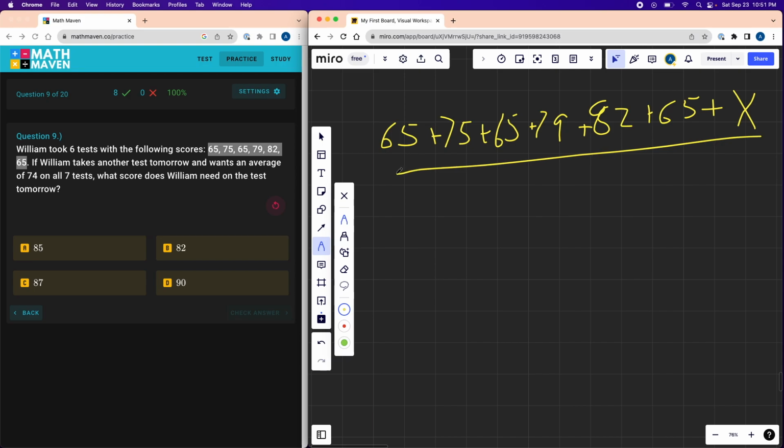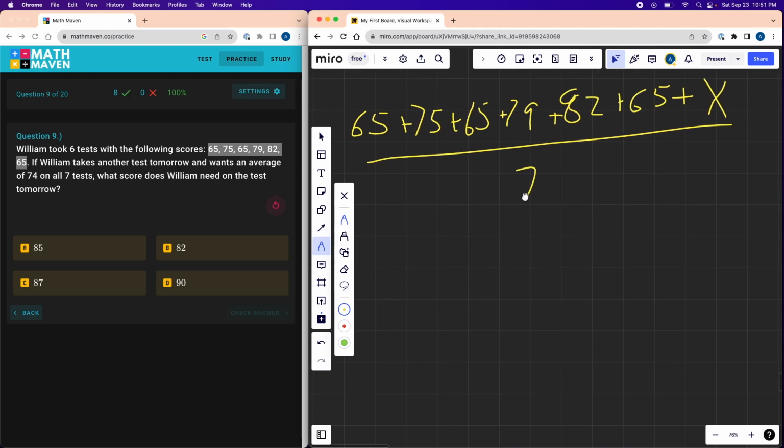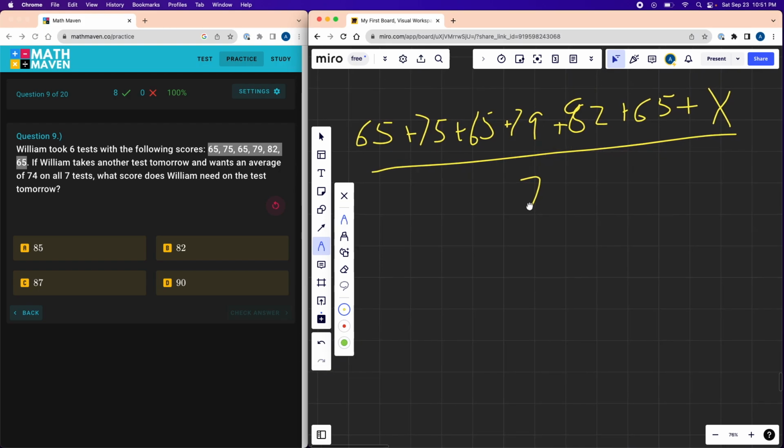All of that divided by 7 needs to equal an average of 74. Because again, this whole part up here is how you calculate average. It's the sum of everything that you have divided by the total number of items that you had.